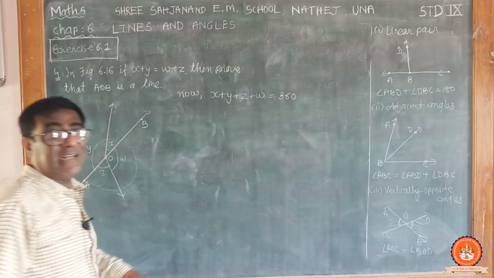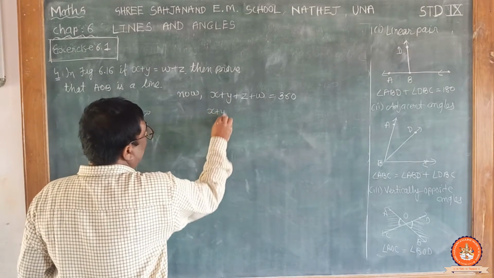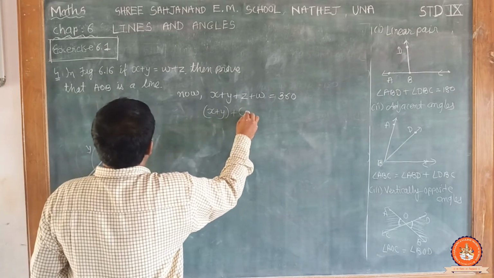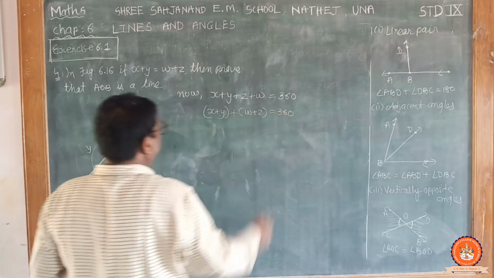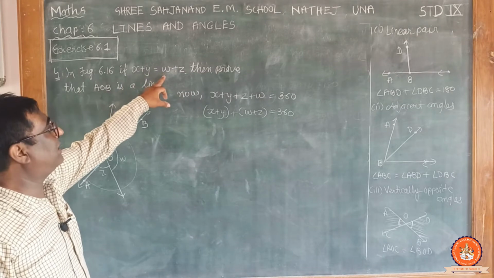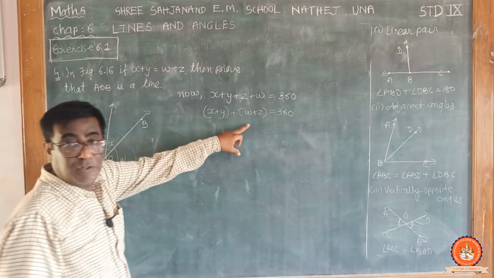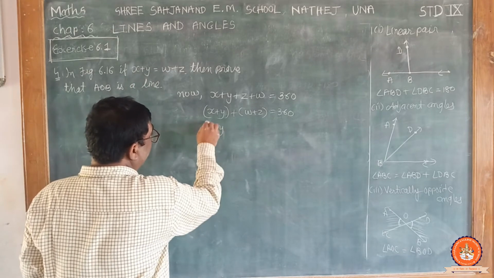It's a complete angle. Okay, now my friend, x plus y plus w plus z is equal to 360. Now in place of w plus z I can write x plus y.